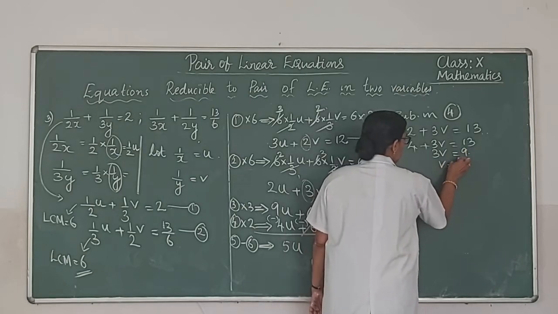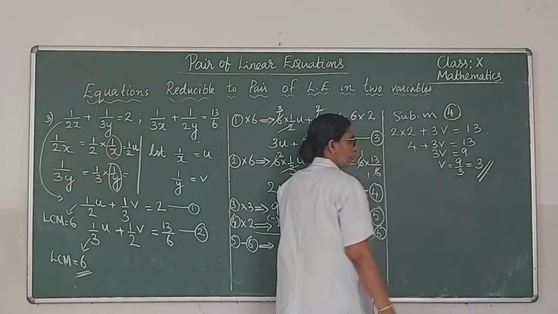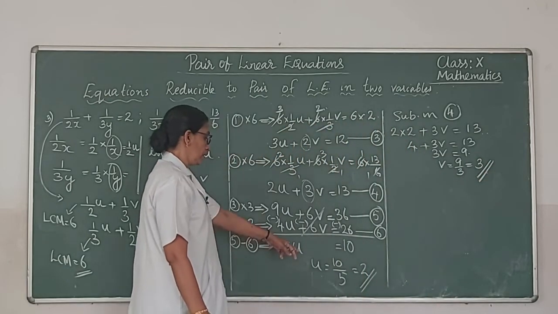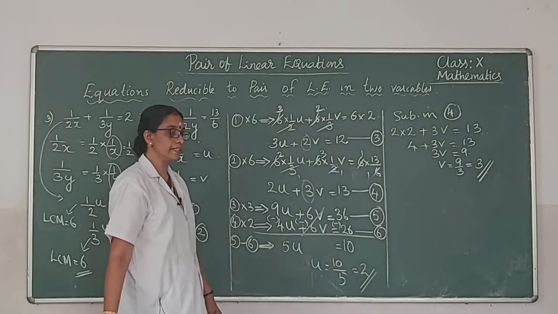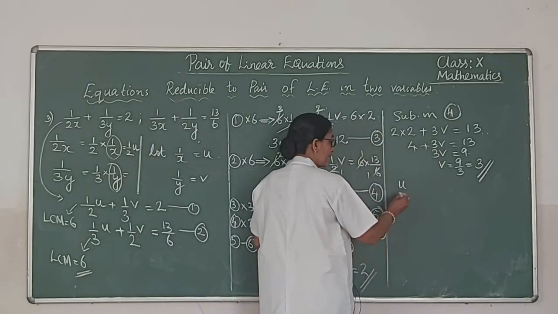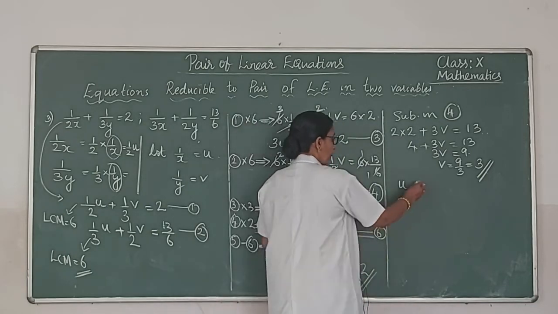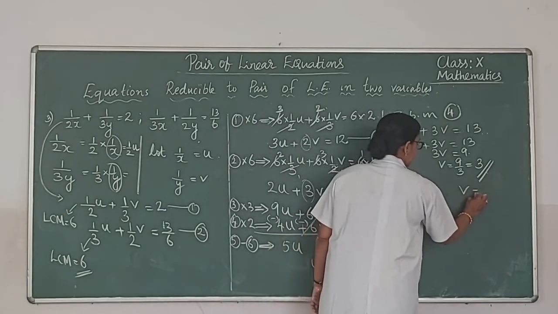So v equals 9 by 3, which is 3. So we got u as 2 and v as 3.